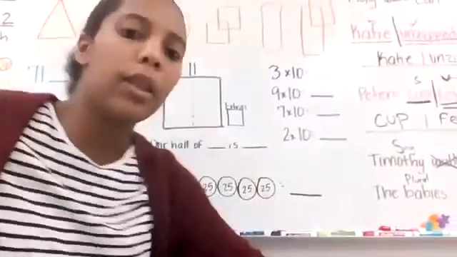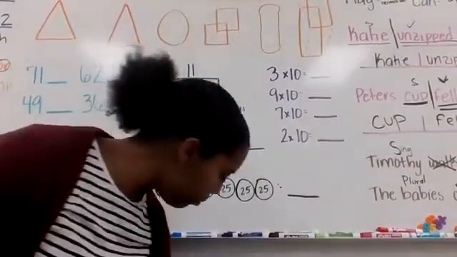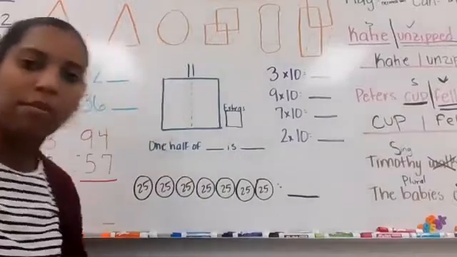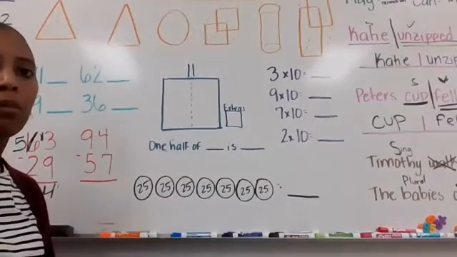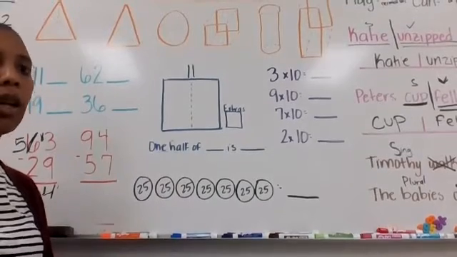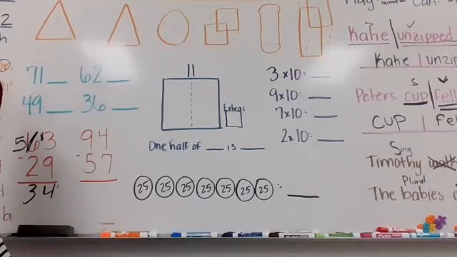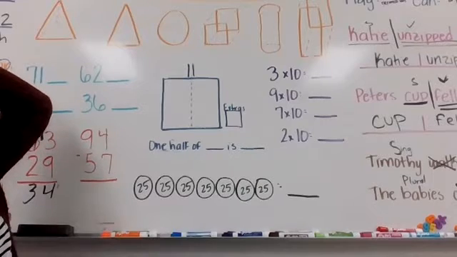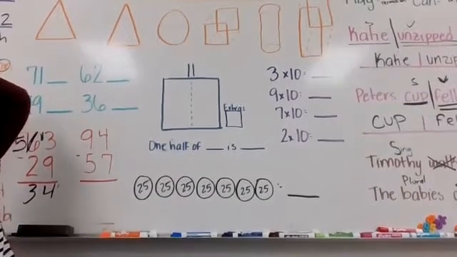But let's work out this one. 94 minus 57. Okay, Camille, walk us through this one. Cross out 9.